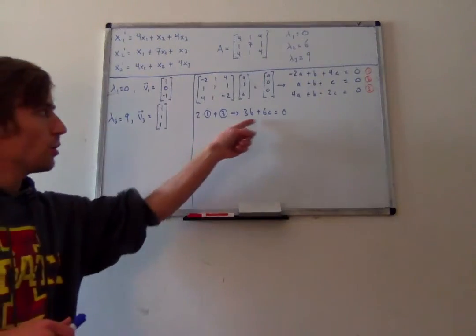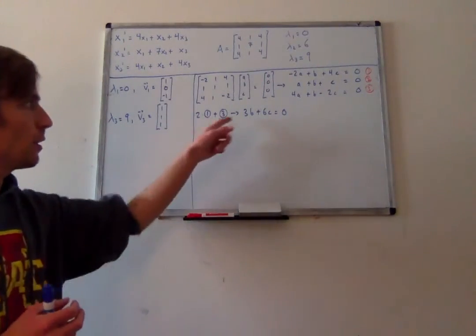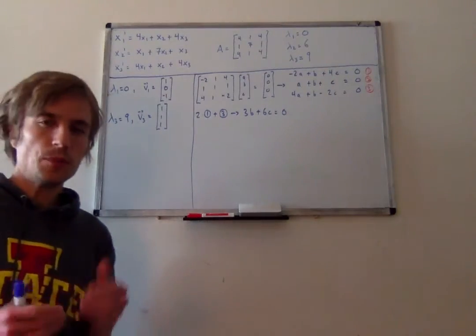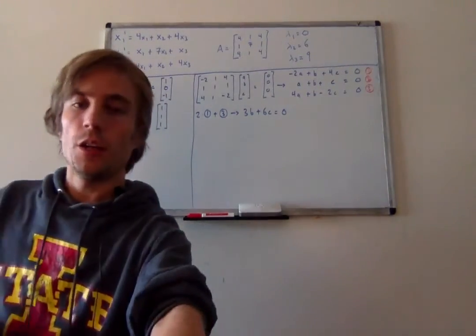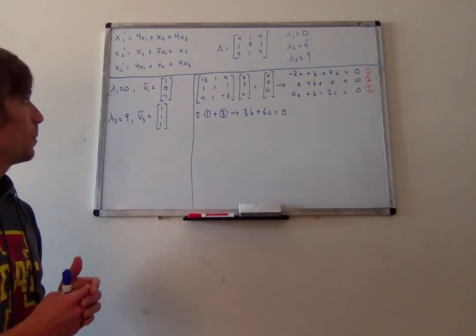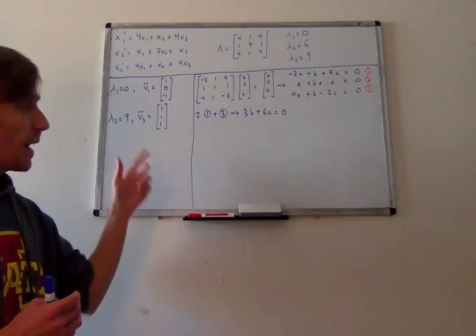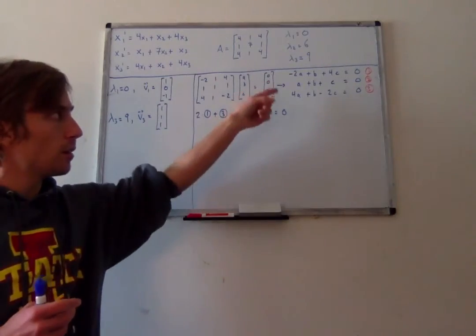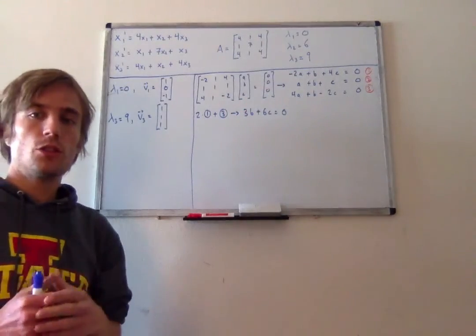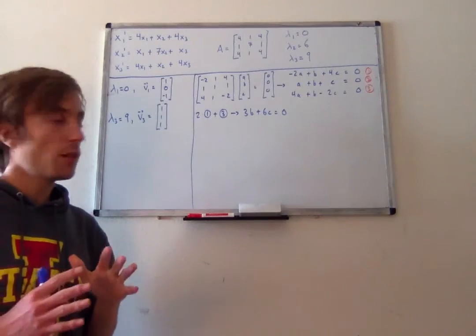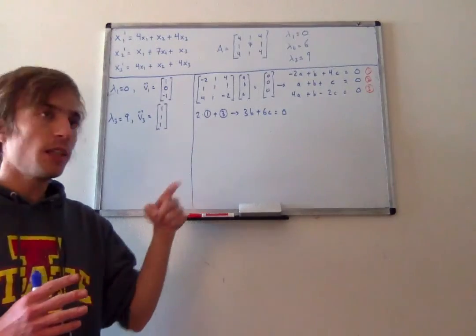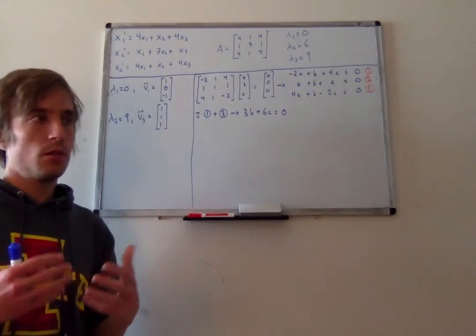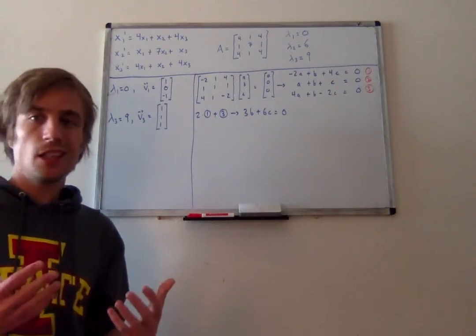All right, and so from here, since I know that 3b plus 6c is equal to 0, remember, I know that if 6 actually is an eigenvalue of this matrix, then these 3 equations should be somewhat redundant. That means that basically these equations aren't independent of each other, that I should be able to combine 2 of them and get the other.